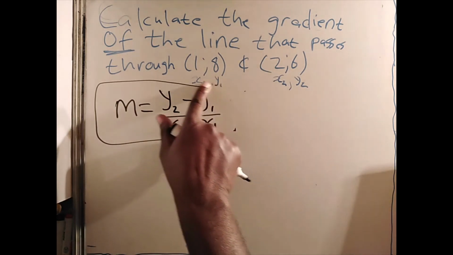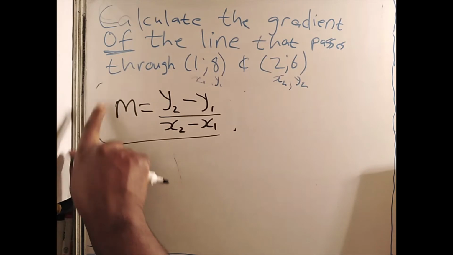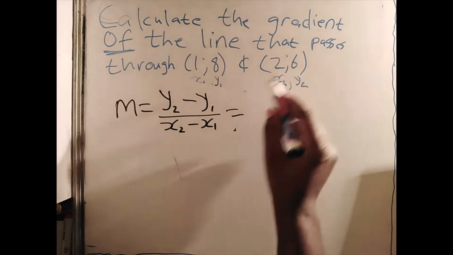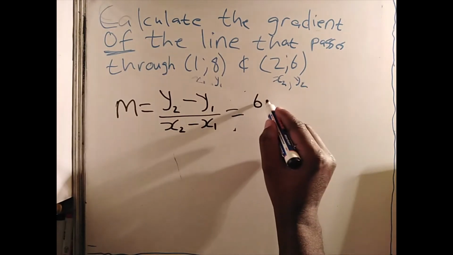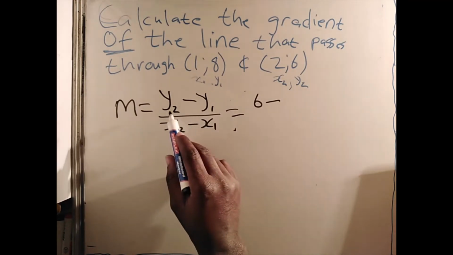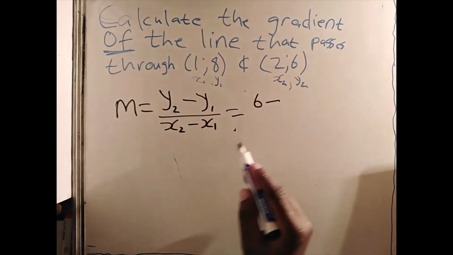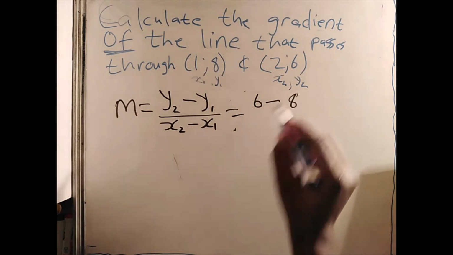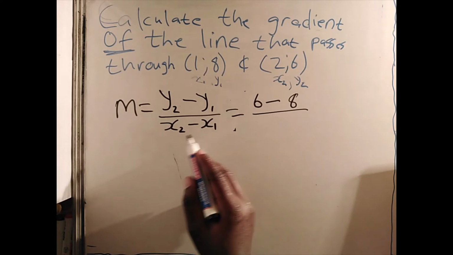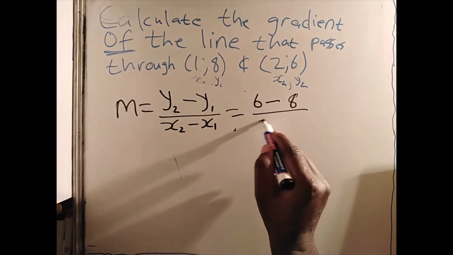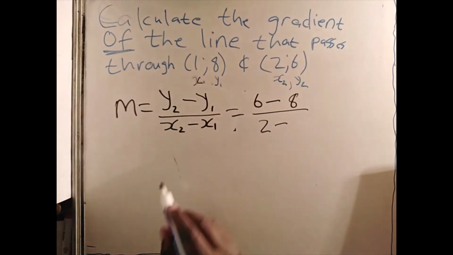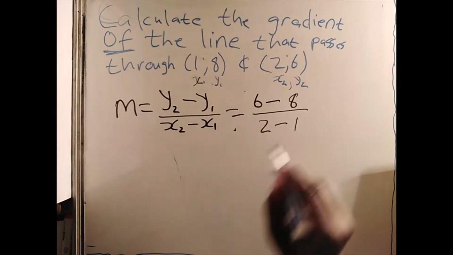Okay, let us use this formula. Our y2 is 6. You have 6 here, minus our y1, which is 8. So 6 minus 8, and then you divide by our x2, which is 2, minus our x1, which is 1.